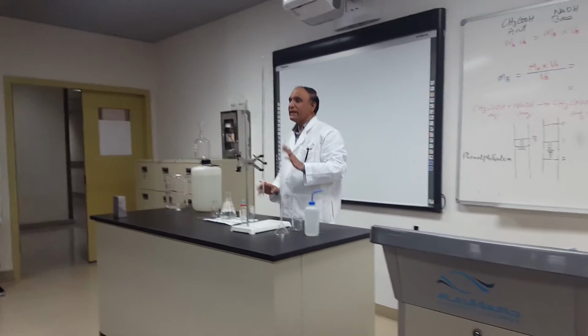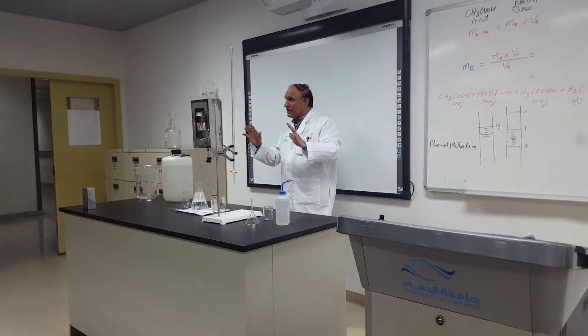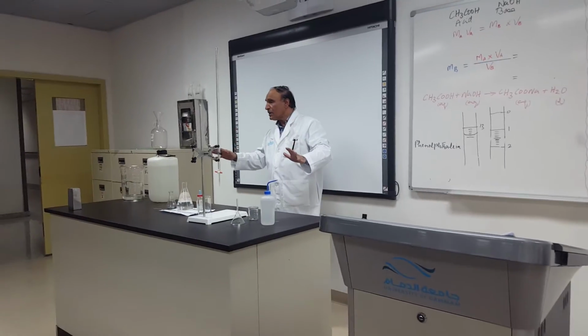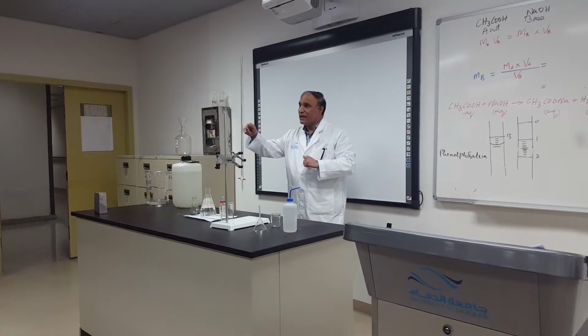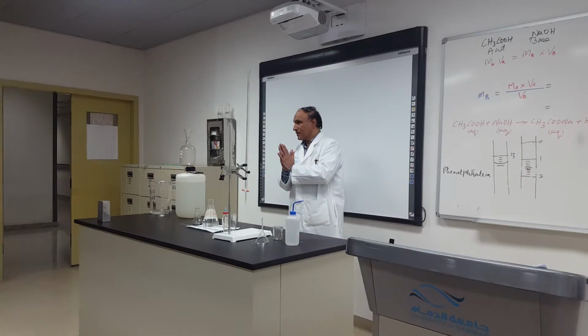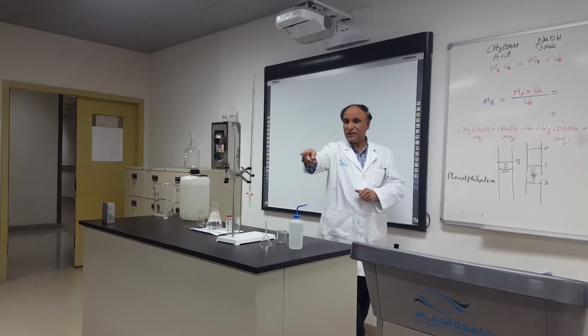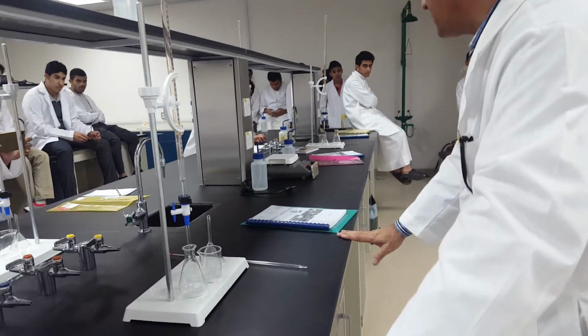Very interesting experiment, very simple experiment. When I am showing you step by step everything, next time you will do it with your hands, by yourself. You will find that this set is available over here. This is for two boys, number 1 and number 2.